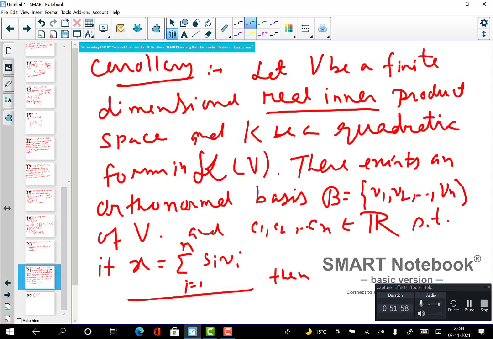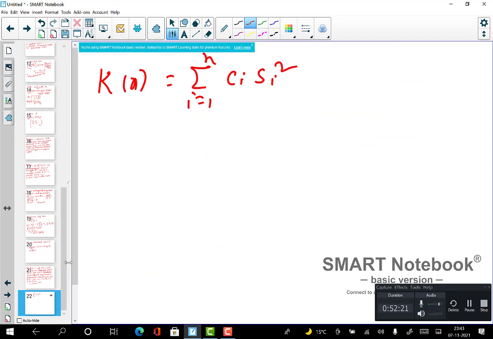Okay. So what does that mean? That means you can change the basis to your orthogonal basis, so this is an orthogonal basis, where X equals the sum of Si Vi. So you can write down the element in terms of the orthogonal basis such that whatever quadratic form is given to you, you can change it to a nice form. Why is it a nice form? See here, there is no product form.